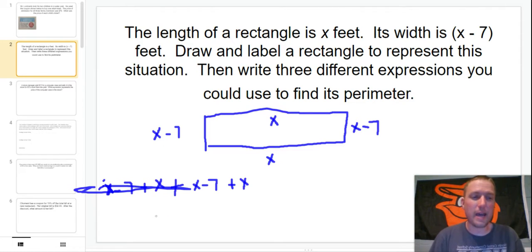Now, could you think of maybe a simpler way to write it? Well, I have 2 sides that both equal x. So I could say 2x.